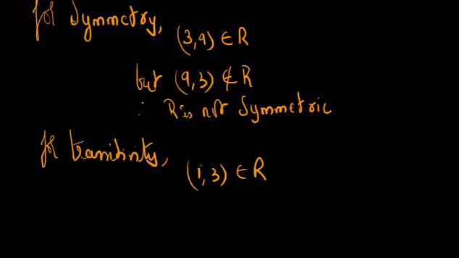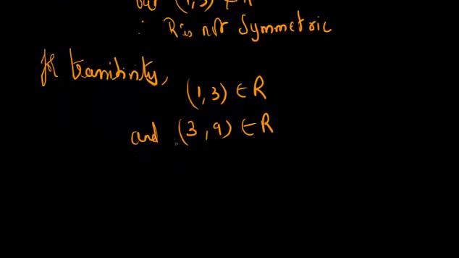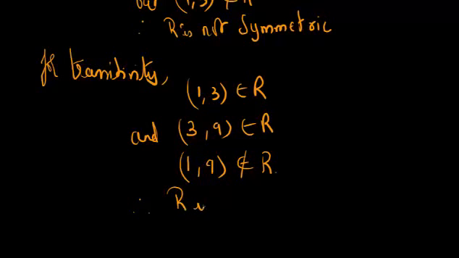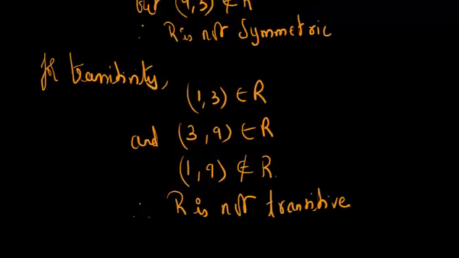Because the second element is 3 times the first element, and we just saw that (3, 9) belongs to R. But does (1, 9) belong to R? No, it does not, because the second element is not 3 times the first element, and hence R is not transitive. Alright, that's very simple to prove.